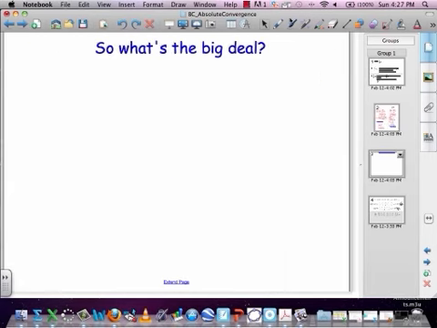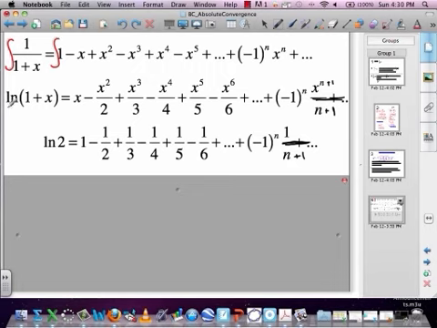There is a geometric series 1 minus x plus x squared, etc., that sums up to 1 over 1 plus x. From there, we integrated both sides to come up with a series for the natural log of 1 plus x.